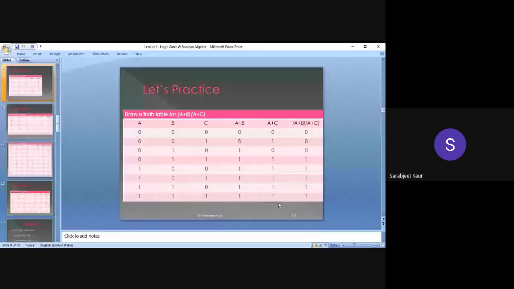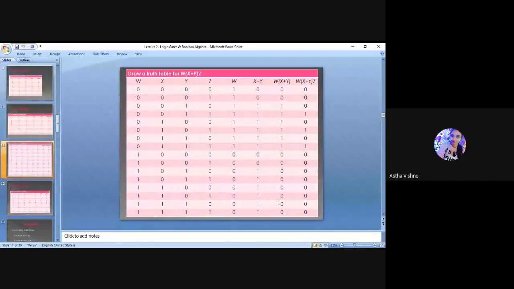Please let me know when you can see my screen. Okay, thank you. So this is the truth table for a four variable Boolean expression.